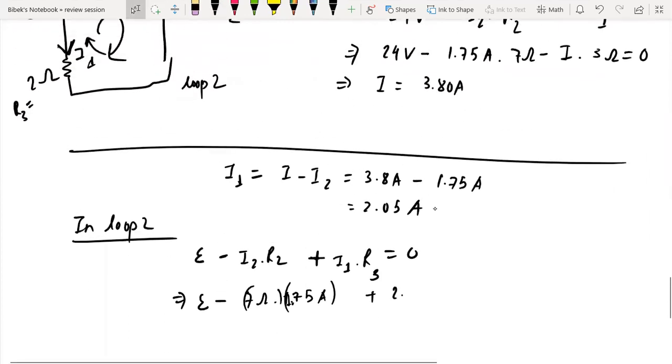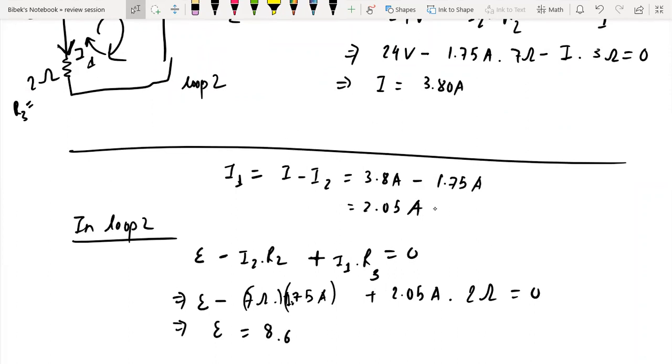That's 2.05, and R3 is 2 ohms, which is 0. So if you solve for E, E is going to be 8.6 volts. Okay, that's your EMF.